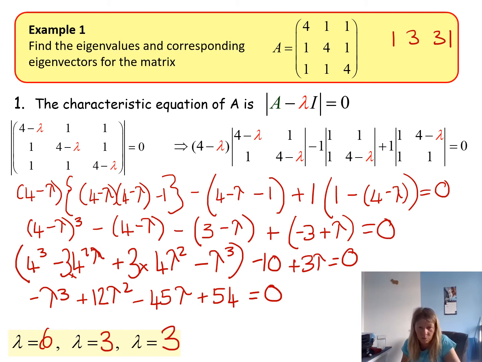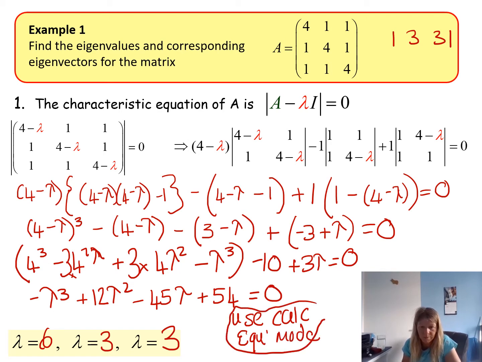So I use solve that one, and it gives that straight away. Right, so we've got 3 eigenvalues, 2 of which are the same, and we've got to find now the eigenvectors that correspond to them. So off we go.